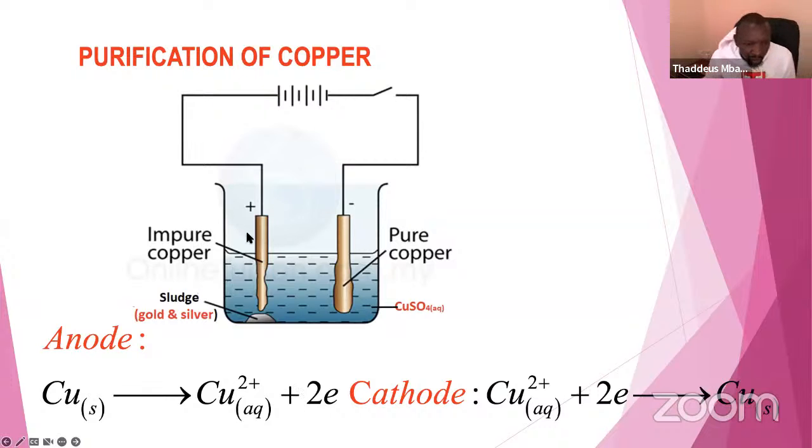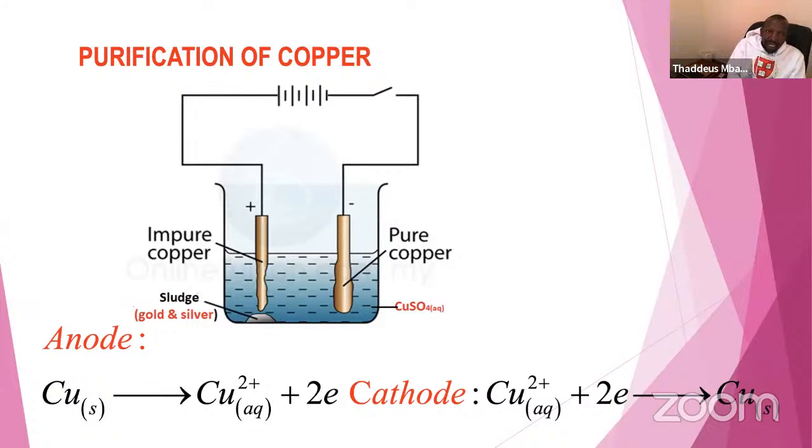Now, the copper ions in the solution at the cathode will gain electrons, forming copper metal. That's how you summarize the electrolysis.